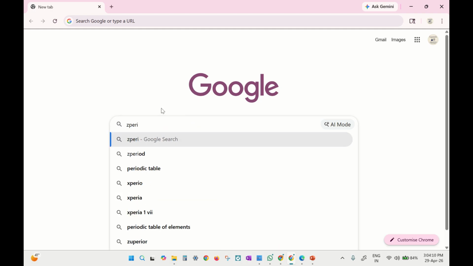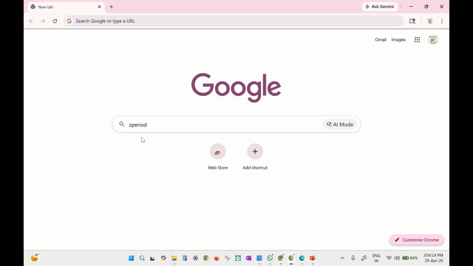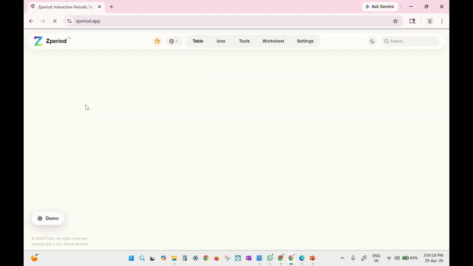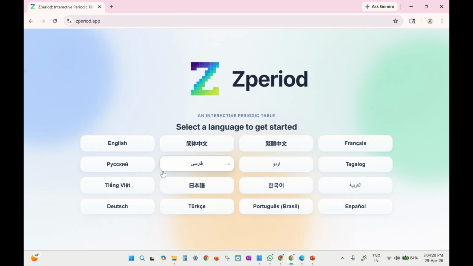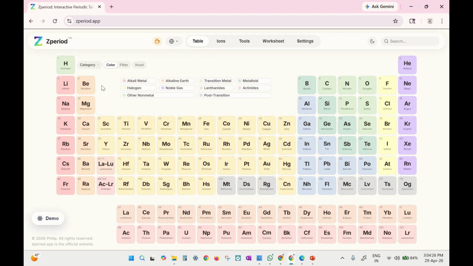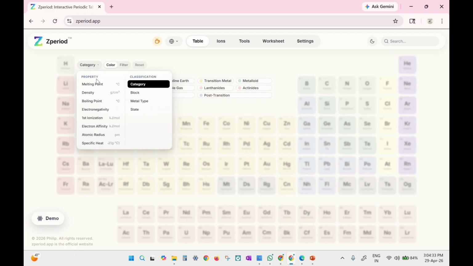I don't know whether I showed you this. There is an app, a periodic table app, wherein this platform will help in some ways. For example, I want to look at the melting point.